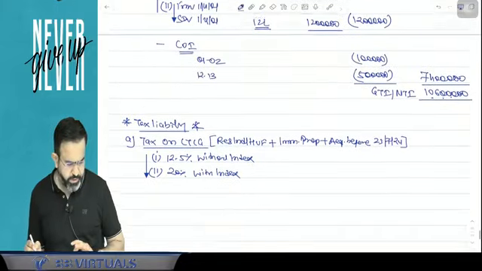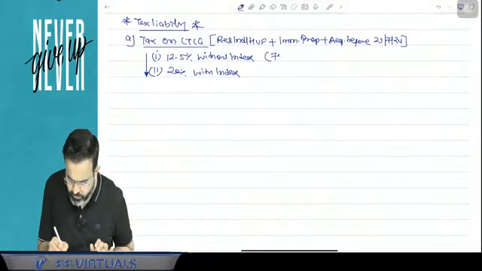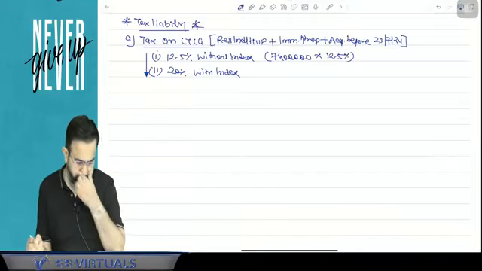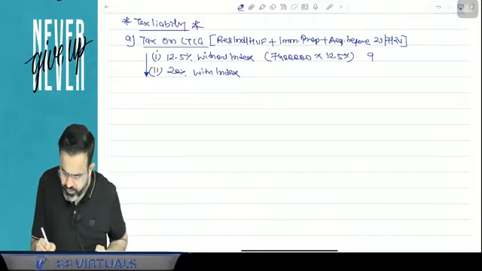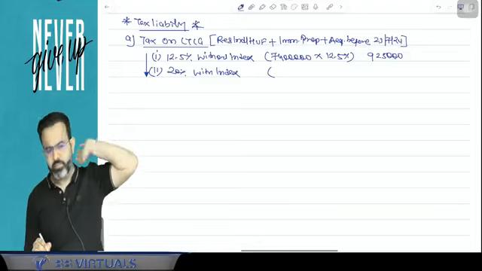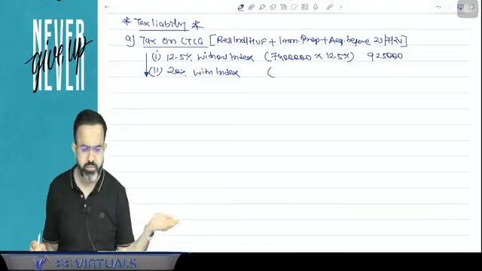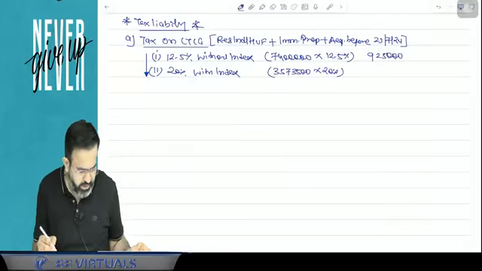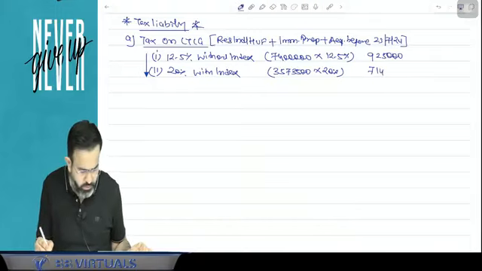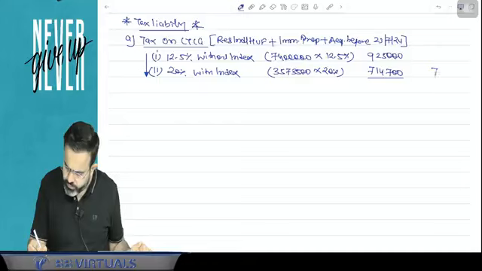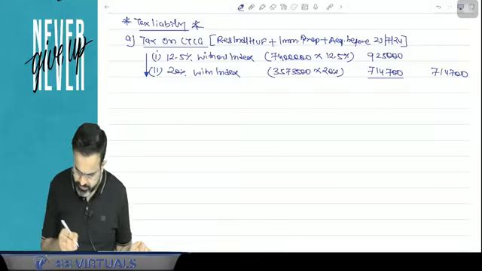So without indexation, your capital gain is 74 lakh. Multiply by 12.5%, so it comes to 9,25,000. And with indexation, you calculated in the first part the capital gain with indexation only, that is 35,73,500, multiply by 20%, 7,14,700. So the lower is 7,14,700.